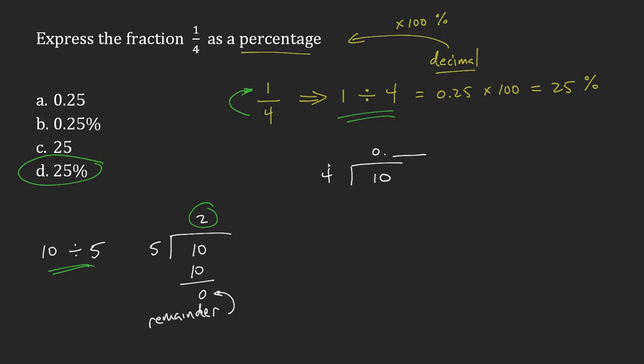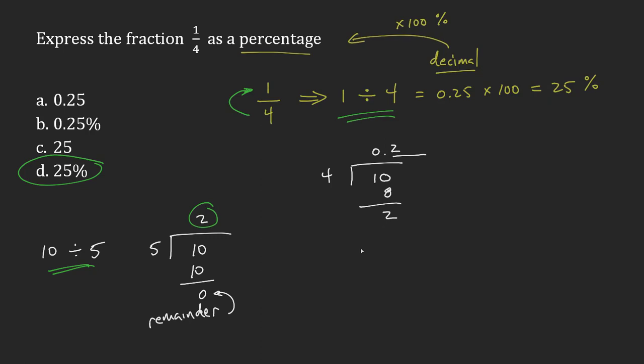So I have now 4 going into 10. Well, 4 goes in 2 times into 10, so this is now 0.2. Take the 2, multiply by 4. What is 2 times 4? Well, it's 8. That gives me a remainder of 2.